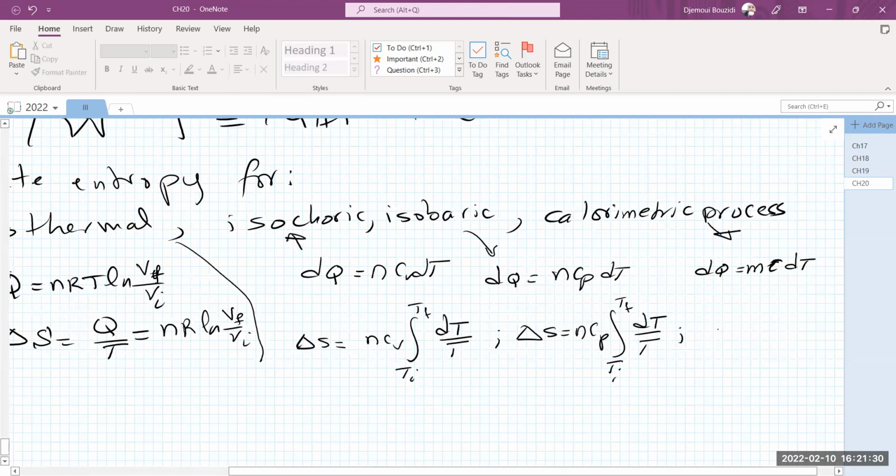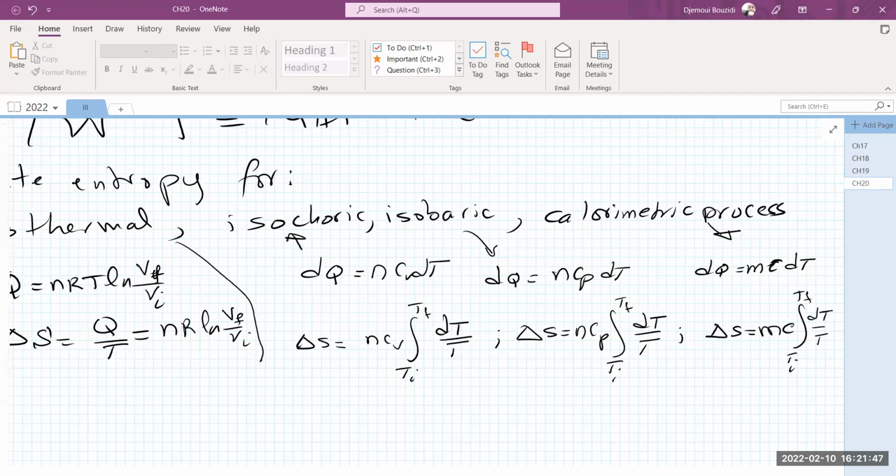The last one gives delta S equal to, again, mc times the integral from the initial temperature to the final temperature of dT over T. And that too is the same. All of them involve that integral.